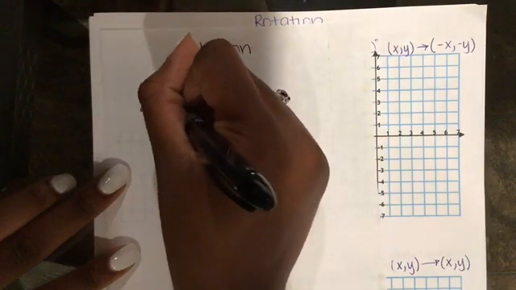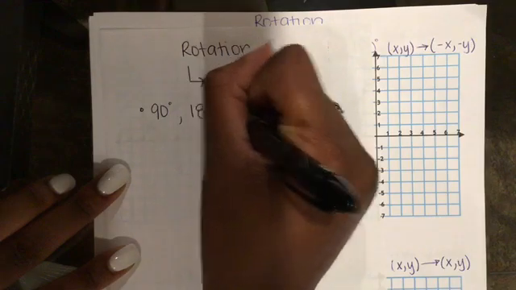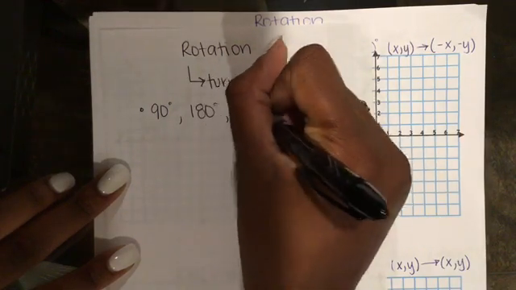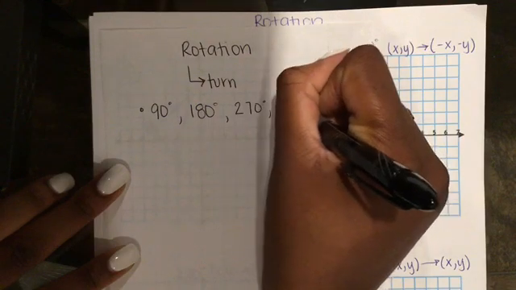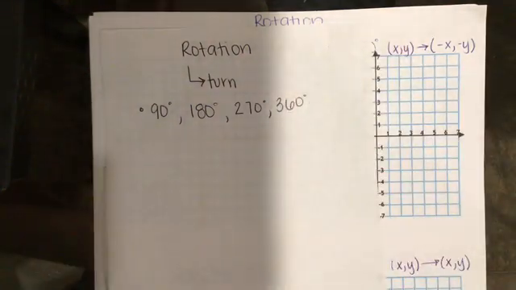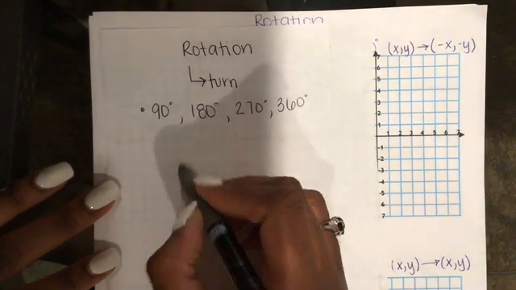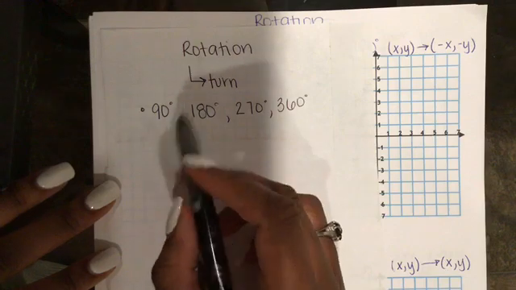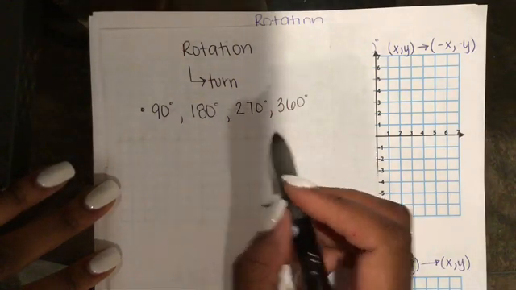So it can rotate 90 degrees, 180 degrees, 270 degrees, 360 degrees, okay? These are the main rotations that we always deal with, all right?